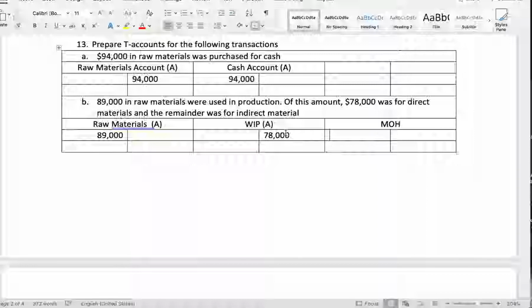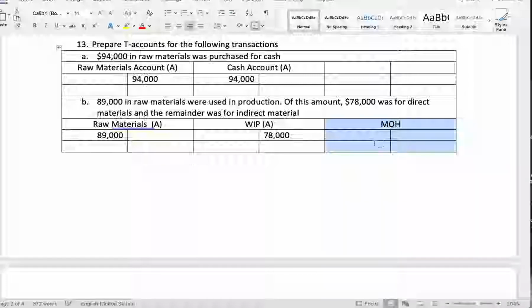Now, manufacturing overhead. Remember, this was that goofy account. We said the left side was the actual side and the right side was the applied side.